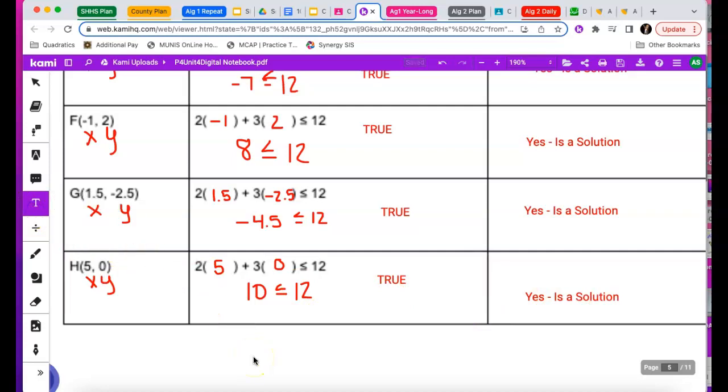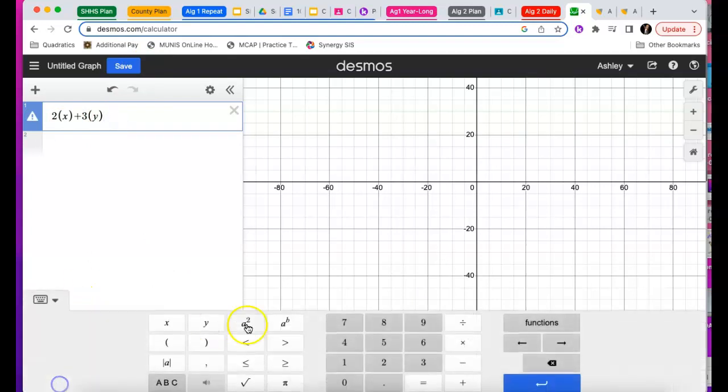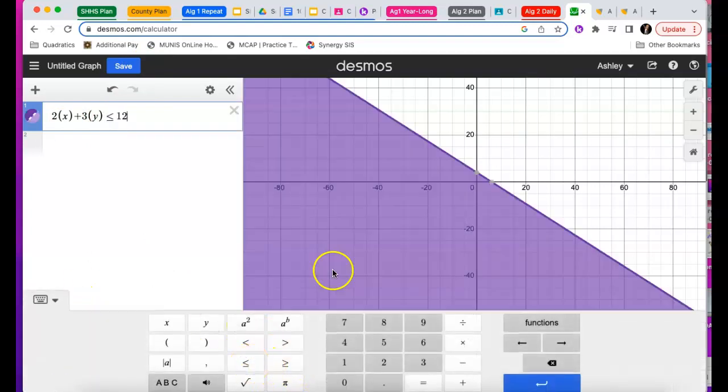So there's a couple more things that we need to list out at the bottom. So anytime I give you a line, okay, so I want to graph this inequality. So this was 2x plus 3y is less than or equal to 12.